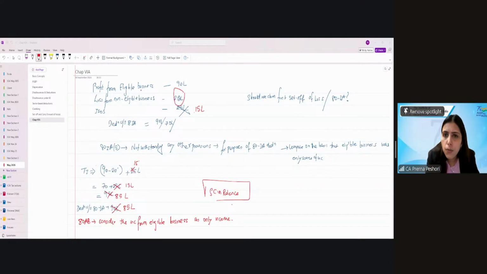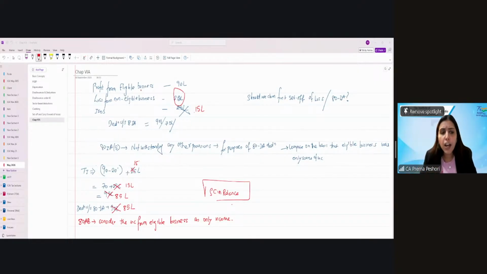No restriction here for the profit from eligible business. Right? So losses from non-eligible business, I can set it off against the profits of my eligible business. No problem. Fine. Now, the loss from the non-eligible business, if I set off against the profit from eligible business, what will be my Chapter 6A deduction?